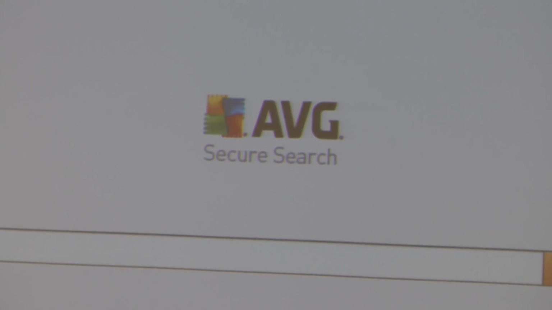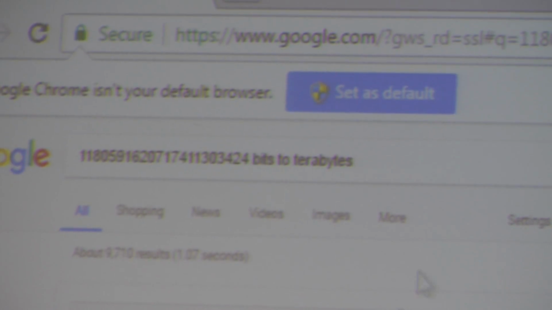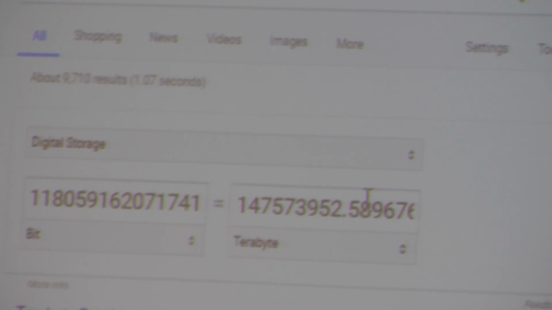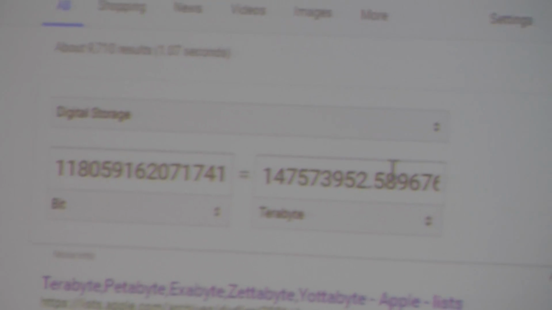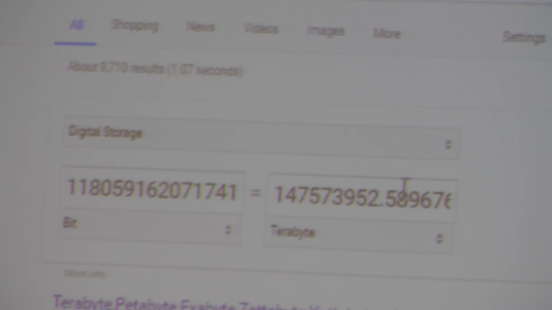So my key is going to be, what is it, 147 million terabytes.